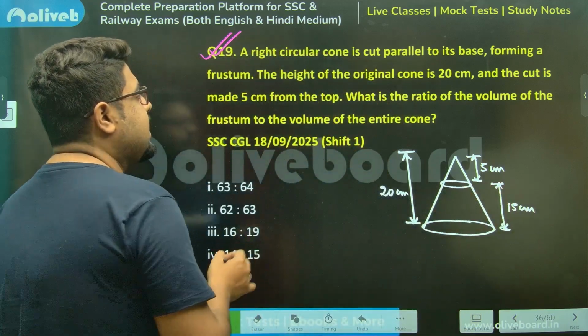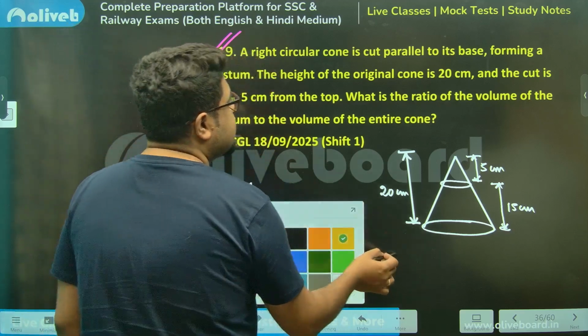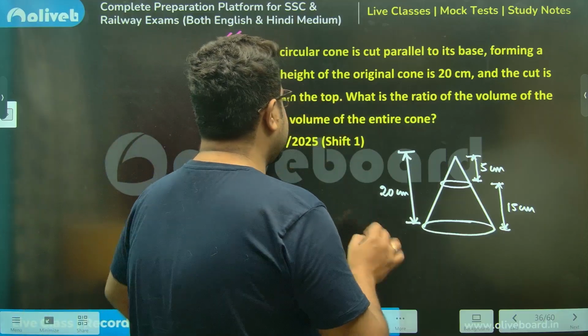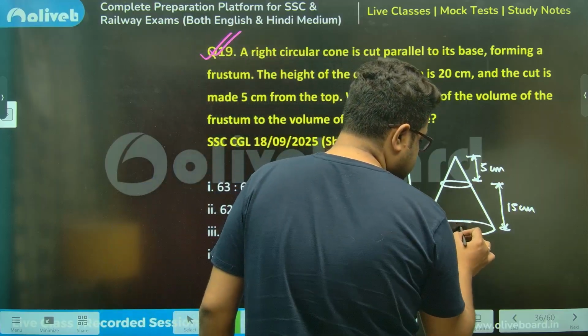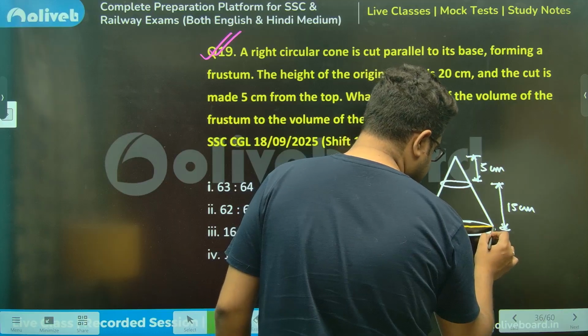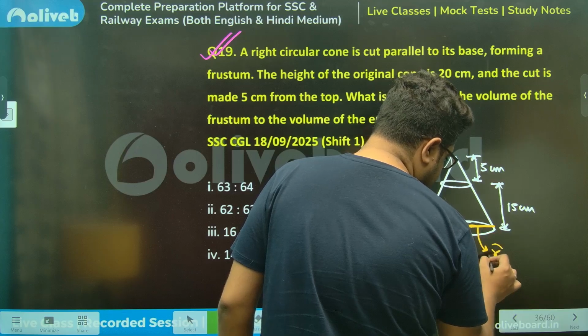Ratio of the volume of the frustum. First, height of the original cone, and this radius we don't know. This radius I'm taking to be r centimeter.